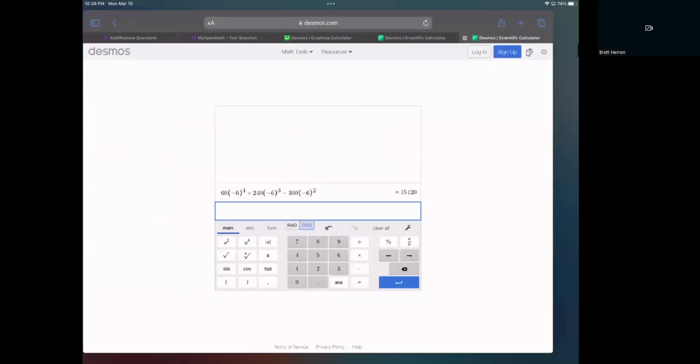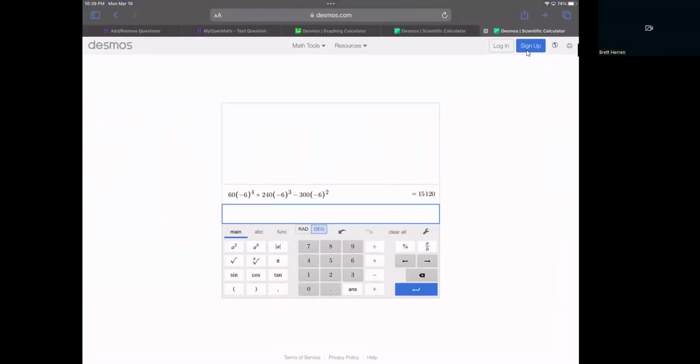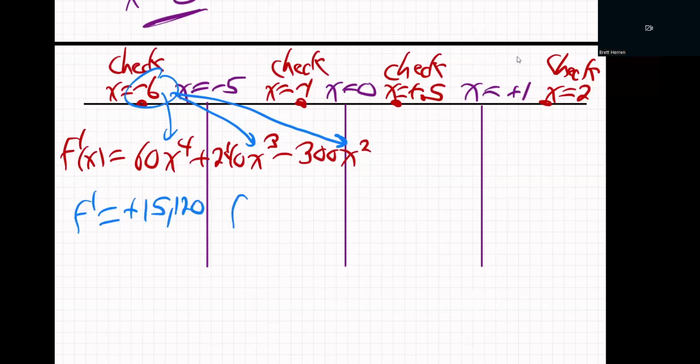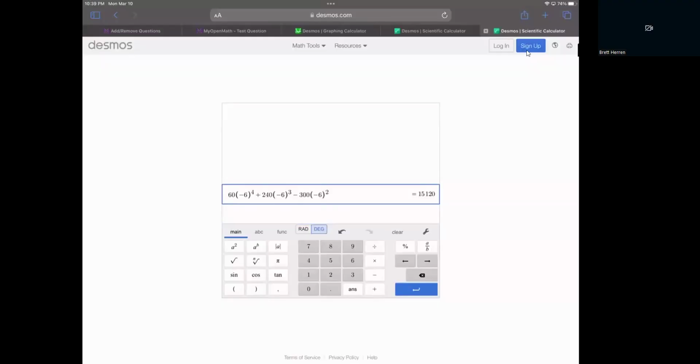There it is. I've already got it. Typed in, plugged in negative 6, got 15,120. Positive 15,120. Let's do the one in the middle. We're going to plug in negative 1 now. So make that 6 into negative 1.